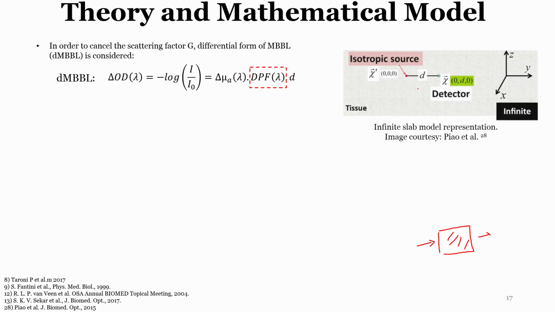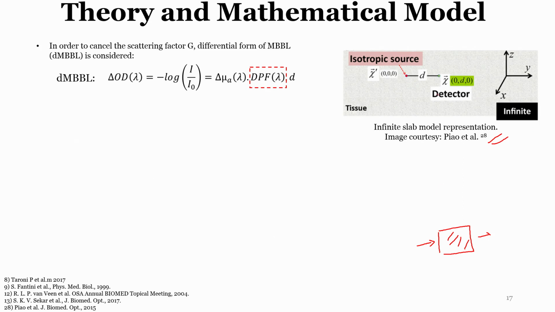Instead of assuming the light to be passing through this tissue like this and getting detected like this, what I assume is a simple infinite slab model. On the right side, this is known as the infinite slab model.